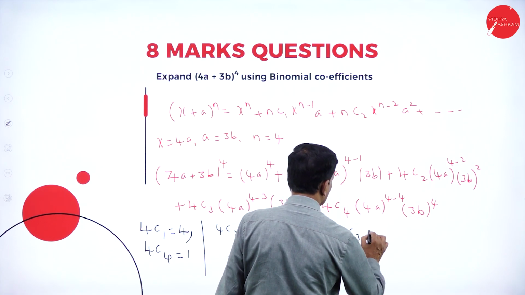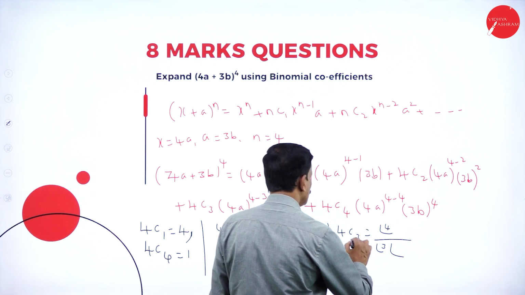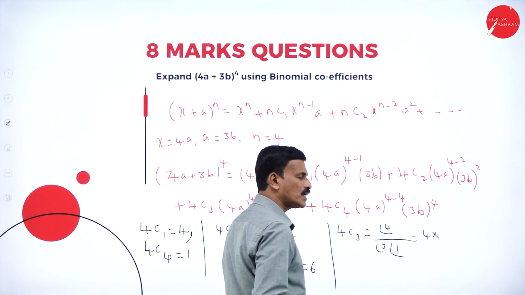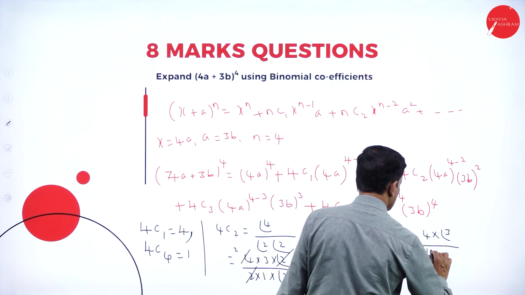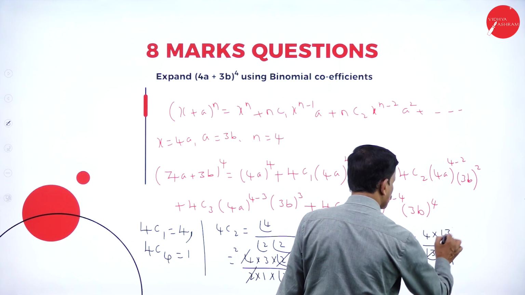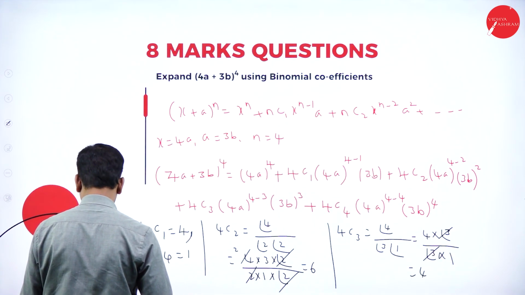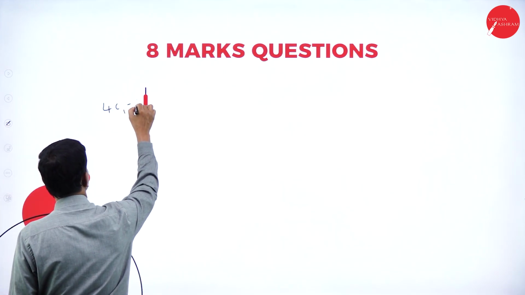What is 4C3? 4 factorial divided by 3 factorial into (4 minus 3) factorial, which is 1 factorial. So 4 factorial can be written as 4 into factorial 3 divided by factorial 3 into 1. These two get cancelled, it is equal to 4. That's all. Now substitute the values. So what we got? 4C1 is equal to 4.